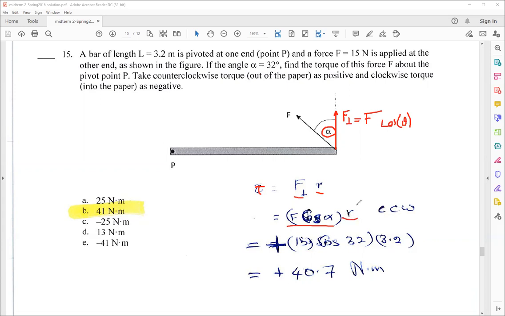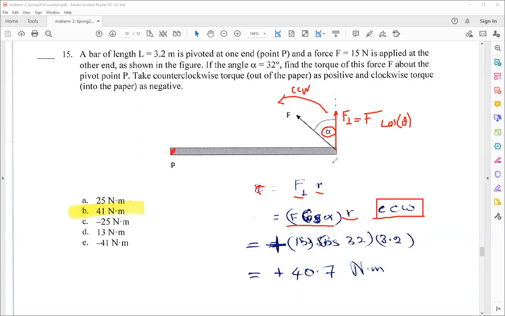Of course, you need to check whether it's going to be a positive torque, if it's counterclockwise, depending on where the pivot point is. In this case, the pivot point is on the left, so the rotation will be counterclockwise, and that will be a positive torque.